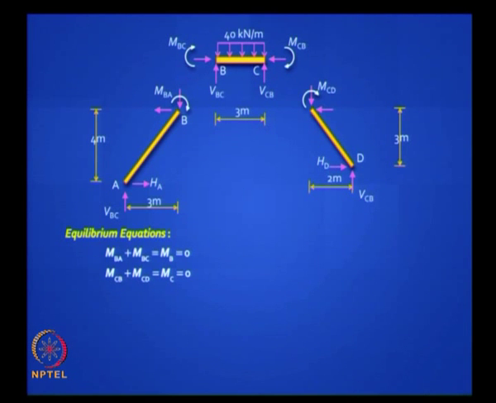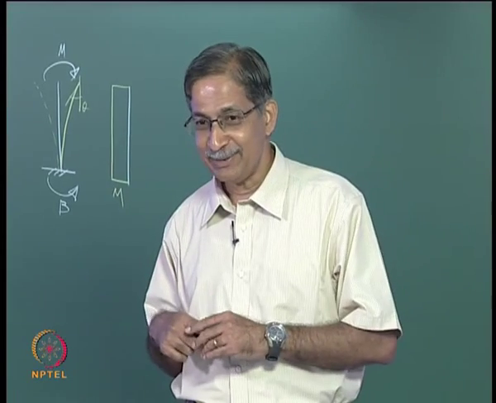Now earlier in the portal frames, when we wrote HA plus HD equal to 0, the HA involved only the end moments in the column. Now do you see a complication? What's the complication?